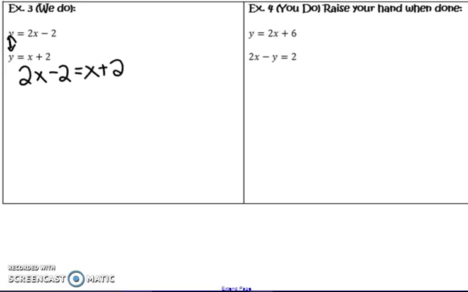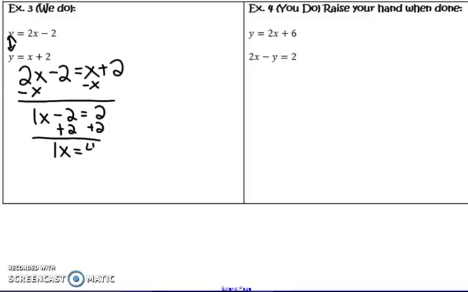So 2x minus 2 is going to be equal to x plus 2. Now I'm going to solve it for my variable x. I'm going to subtract x on both sides. I'm left with 1x minus 2 equals 2. I'm going to add 2, and that gives me 1x equals 4. And if you divide by 1, you still get x is equal to 4.